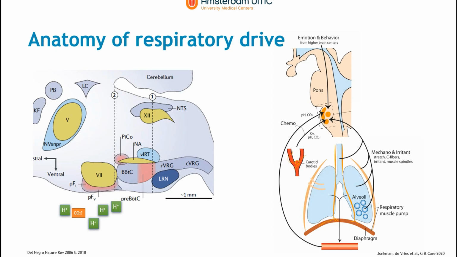And there's another interesting thing. We know the brain can sense H+, but we're still not sure if the brain can sense CO2. There's not much evidence out there, although we're still not very sure. But basically, it's sensing of H+ in this area.